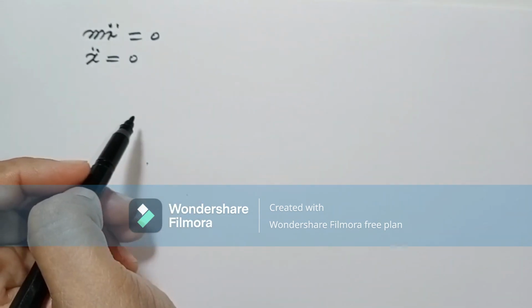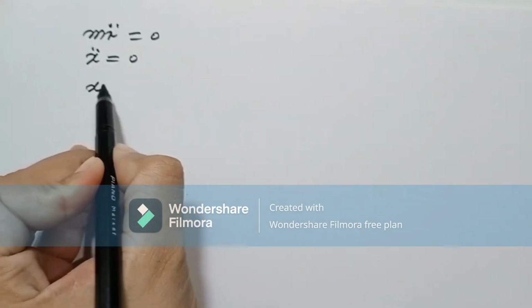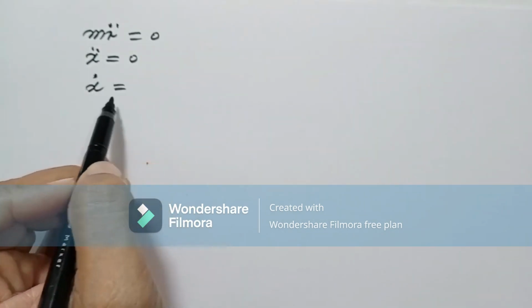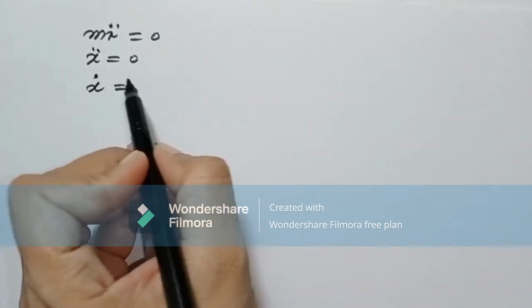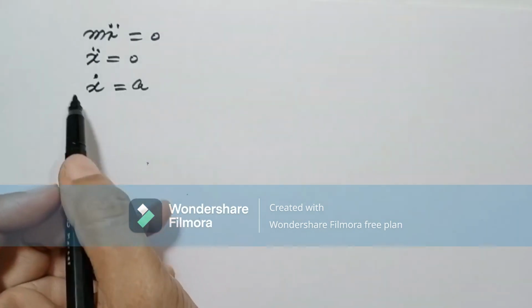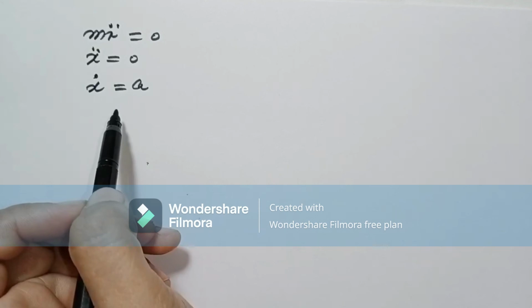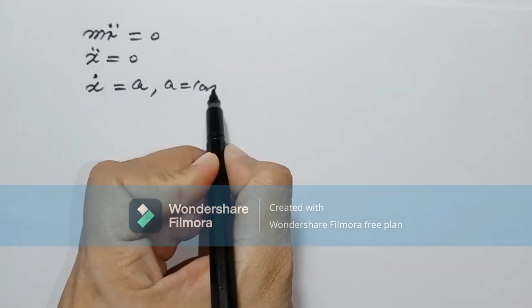We can integrate this equation. Integrating, x dot will equal a constant of integration. Let's say it is a. A is the constant of integration.